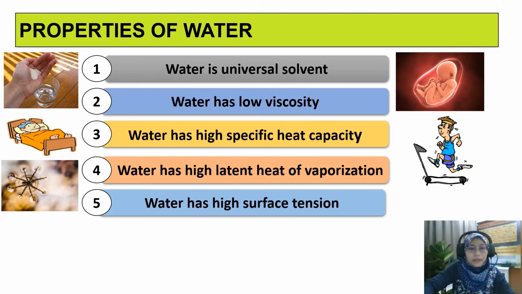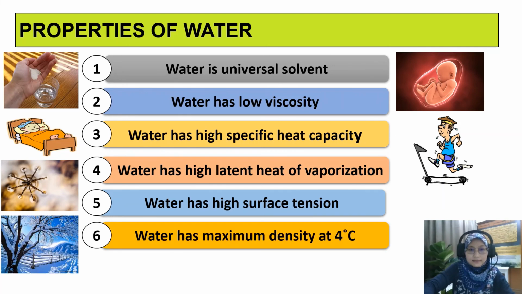The fifth one is that water has high surface tension, which enables some aquatic insects such as the water strider to walk on the water surface by cohesive force, and it also creates a capillary action that keeps water molecules in the xylem vessel moving up against gravity by cohesion and adhesion.